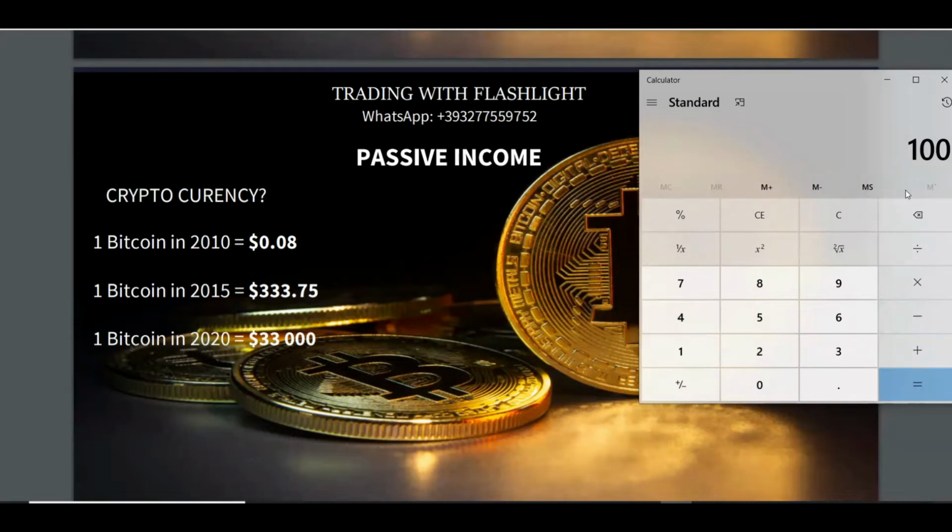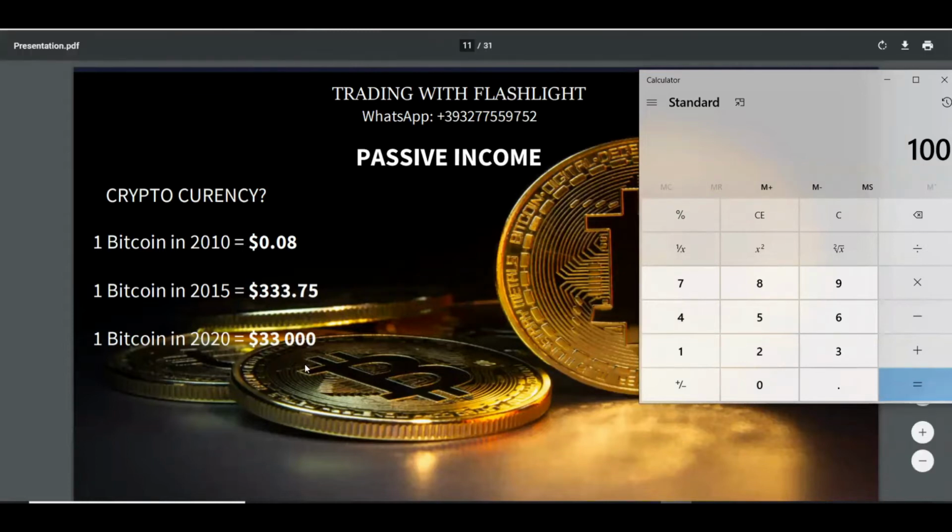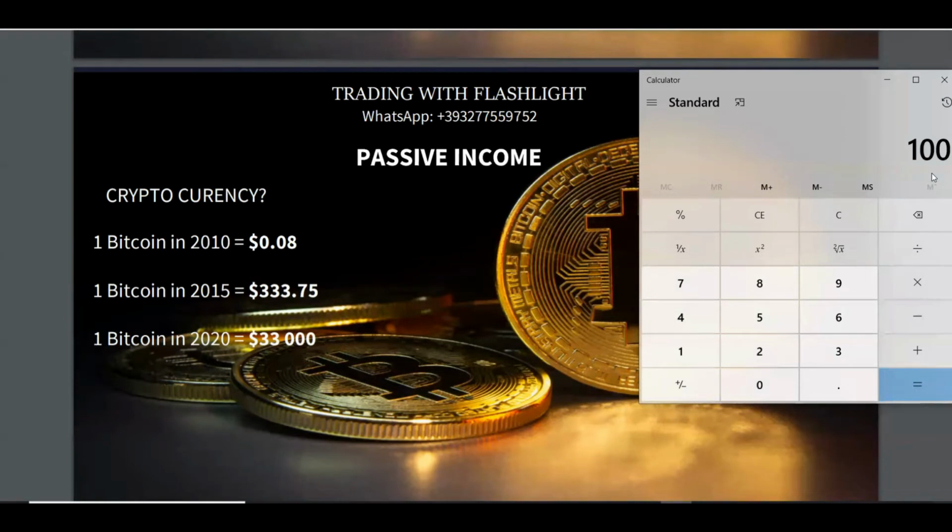The person that put $100 will just earn 100% of what he put in. You're not going to earn 66,000. That's how it functions on cryptocurrency and everywhere. You are just earning the percentage of what you have put in, and it's the same thing with trading.